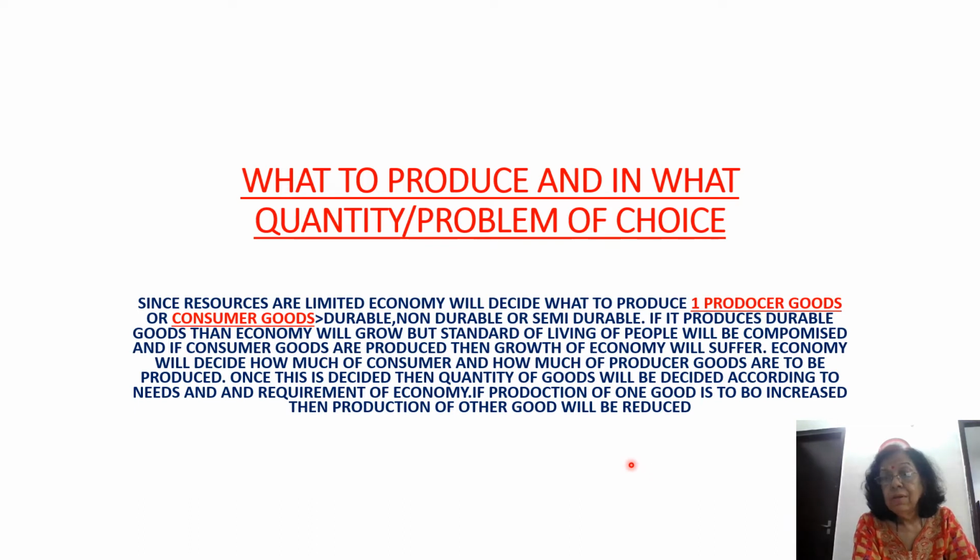If production of X is to be increased, then production of Y will have to be decreased, and vice versa. Why? Because resources are limited, in this example 100 crore. If it wants to increase production of say X, then some resources from Y will be shifted towards production of X. So the country will have to make a choice first of what to produce and then the quantity to be produced.